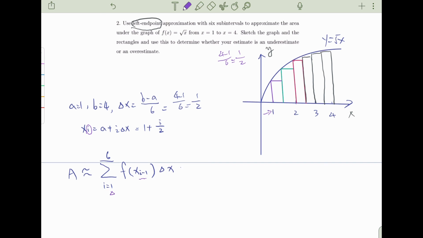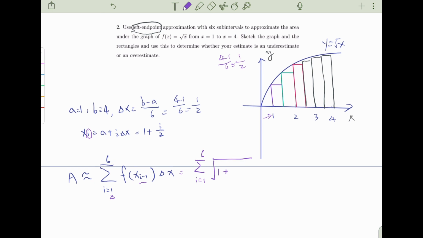Now that's equal to the sum from i equals 1 to 6 of this expression. Just substitute everything into the function, (i minus 1) divided by 2, times 1 over 2. Right?